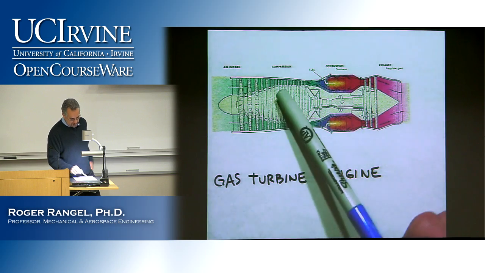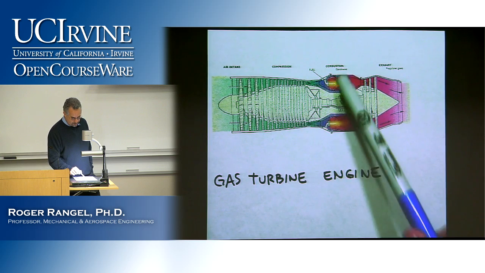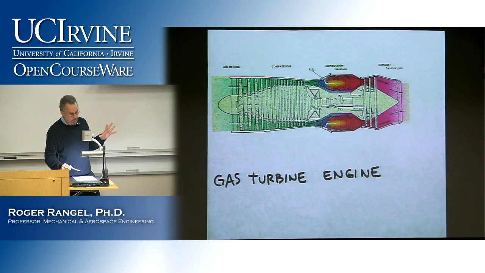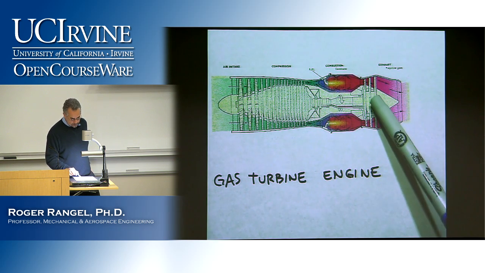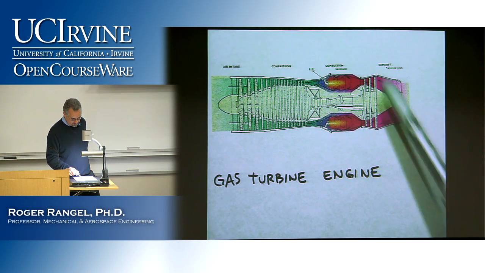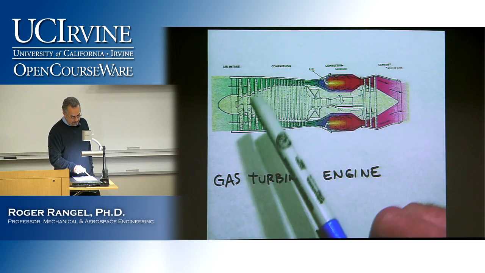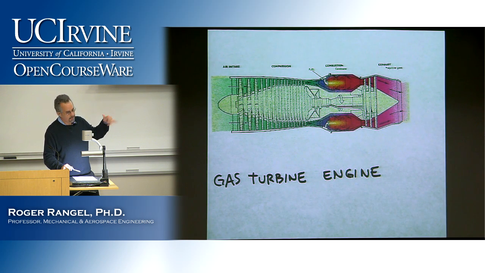Once that air is at a sufficiently high pressure, it goes into the combustion chamber, where it burns, and the combustion products go out through the turbine. The turbine rotates, and in fact it is the turbine which drives the compressor. Some of the work generated by the turbine has to be used to drive the compressor and a few other systems in the engine. Then the exhaust comes back out, and that's the end.